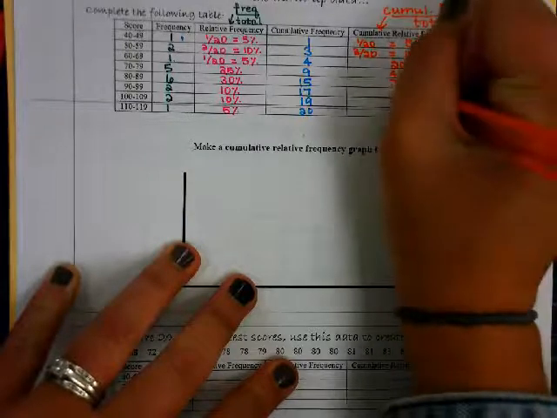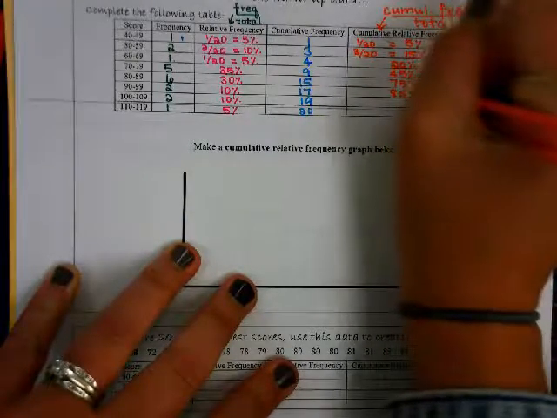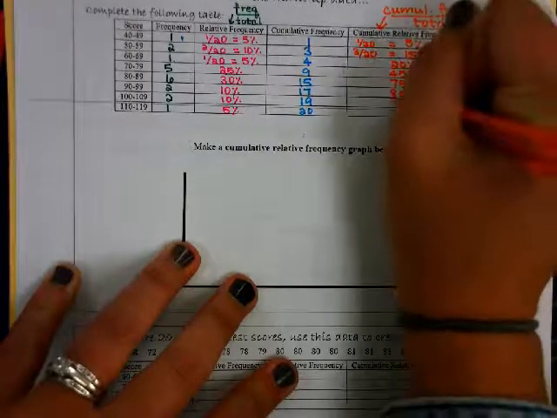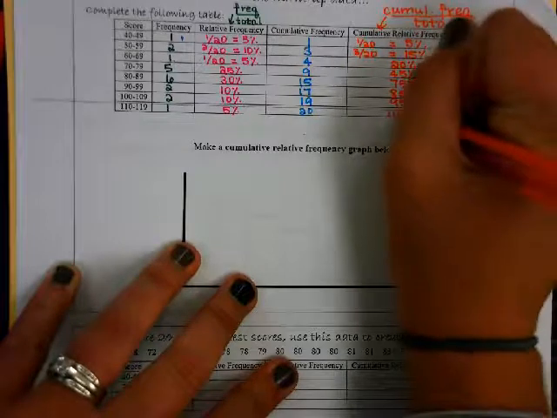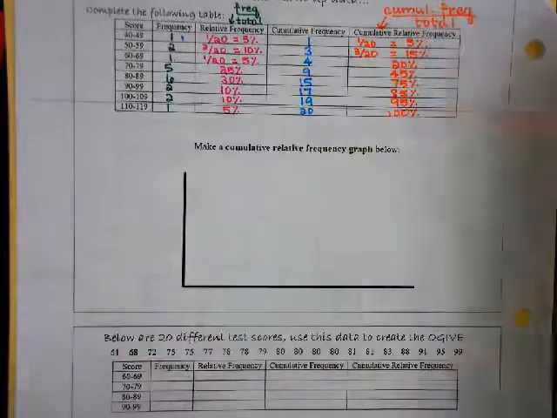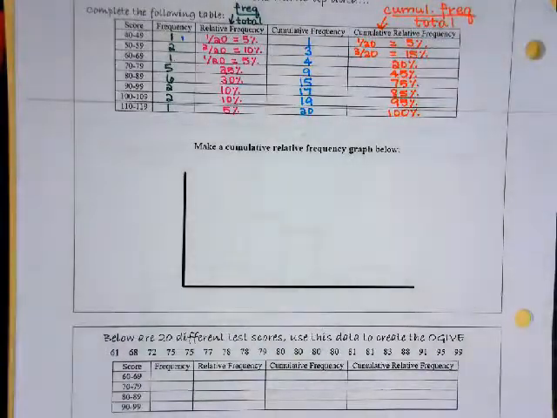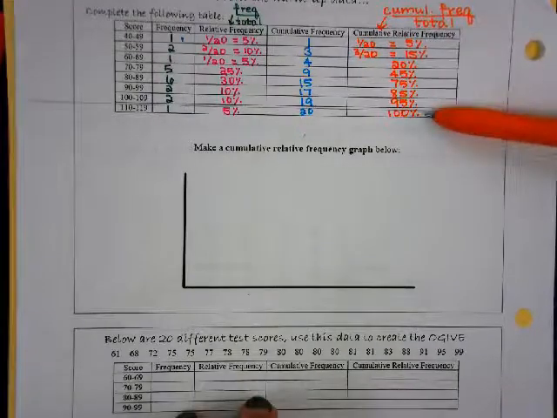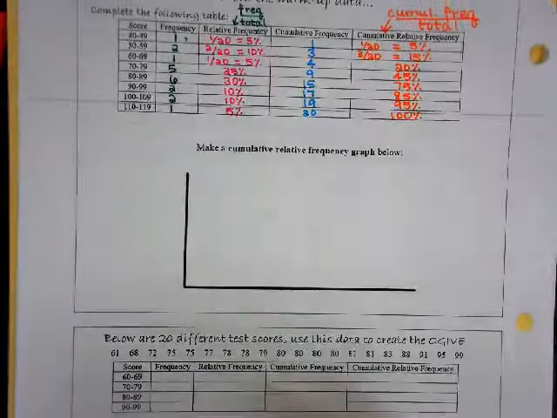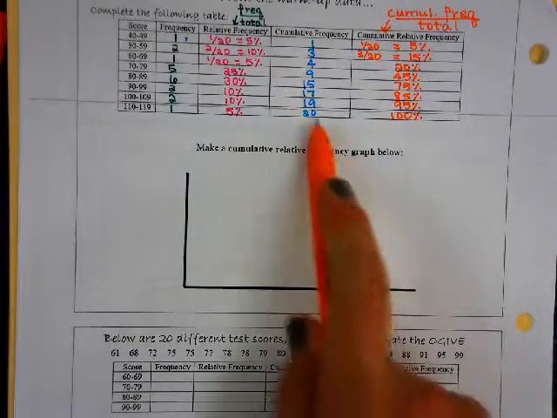So that'd be 85, 95, and 100. And when we're making our table, the last entry in the cumulative relative frequency should be 100%, if we've done everything correct, because we're taking 20 divided by 20.